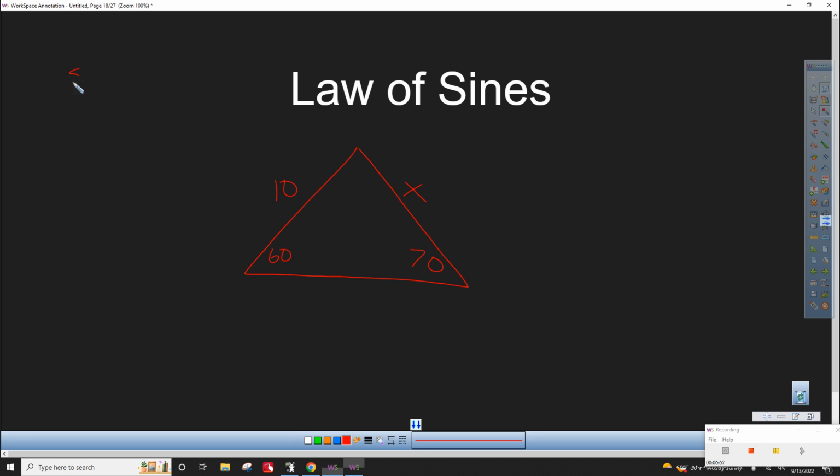So we would say sine of 60 is to x, like sine of 70 is to 10. x times the sine of 70 is 10 times the sine of 60. So x is 10 times the sine of 60 divided by the sine of 70.